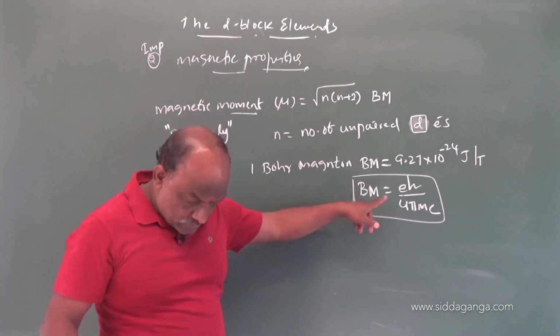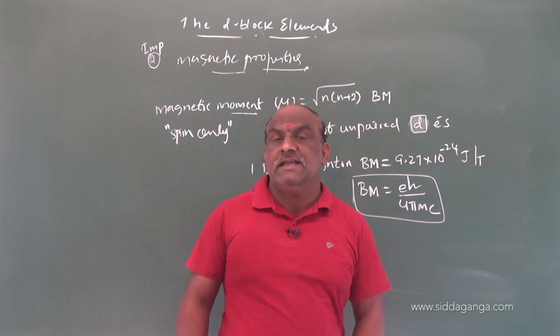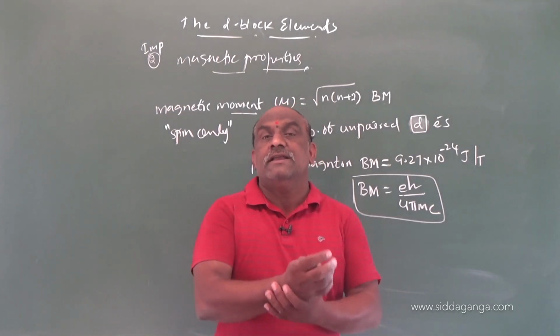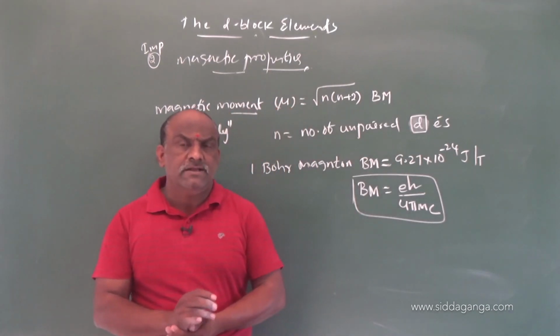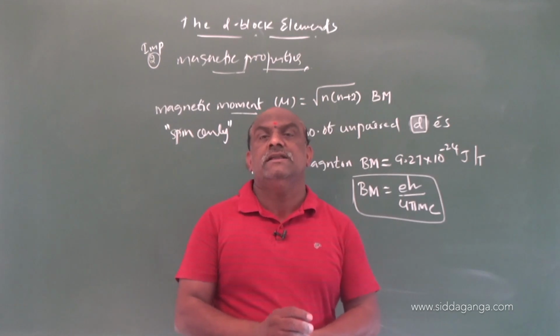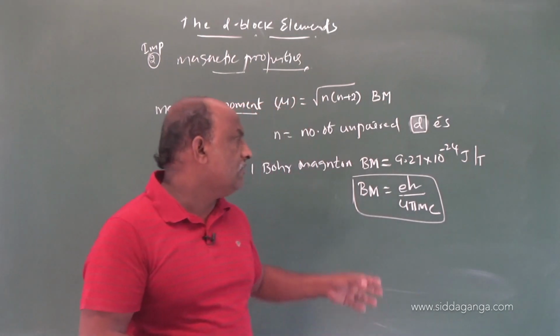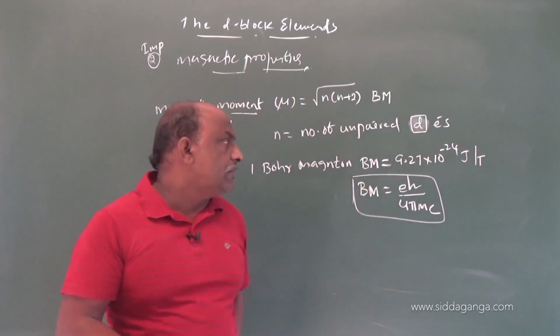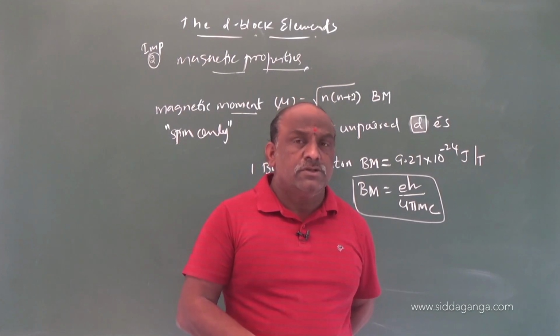Bohr magneton equals eh by 4 pi mc. In this equation, e is the charge of an electron in electrostatic units, h is Planck's constant, m is the mass in grams, and c is the velocity in centimeters per second. You can substitute the values, then you will get 9.27 into 10 power minus 24 joule per Tesla.